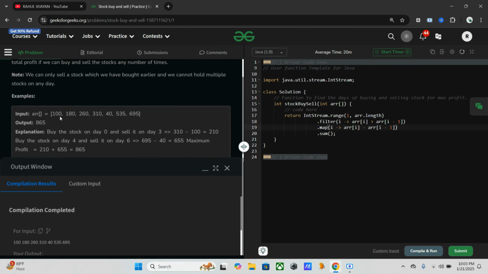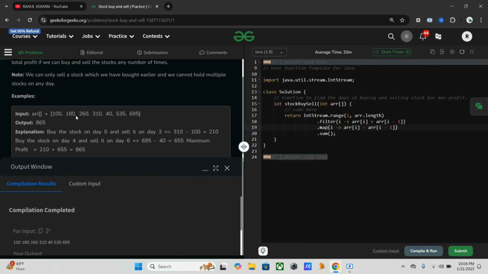So here I will mention how the algorithm works. So at day one we have 100 and we will sell at day 2. So our profit is 80 here. Then we buy at day 2 and sell at day 3. So profit 80.